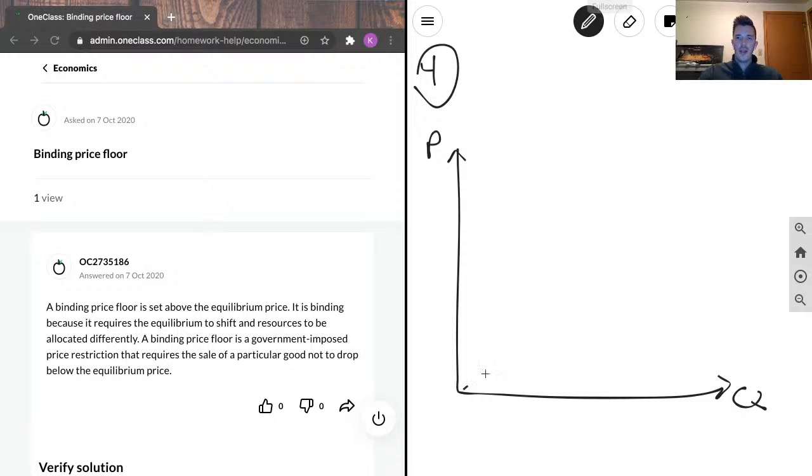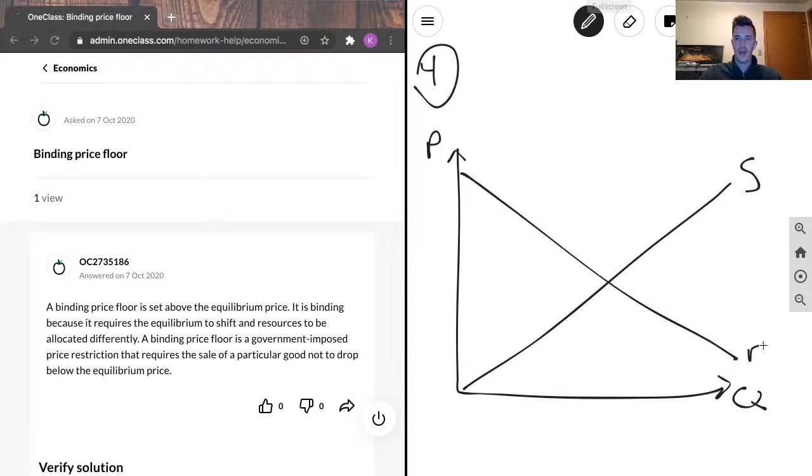So again, with the price ceiling, we can draw our typical supply and demand. And again, we have what would be our equilibrium point here at Q star, and here at P star. And a price ceiling, as you might imagine, is kind of the opposite of a price floor.